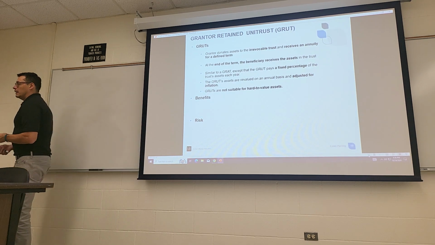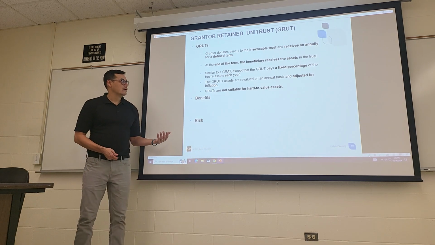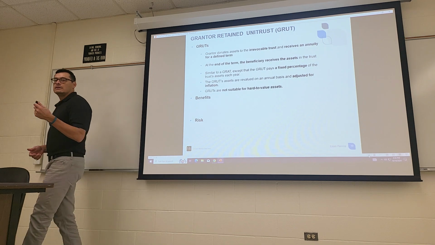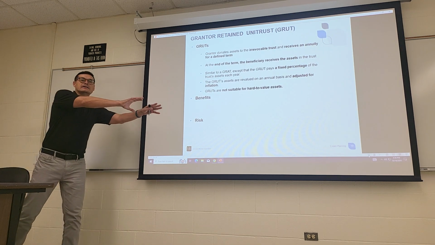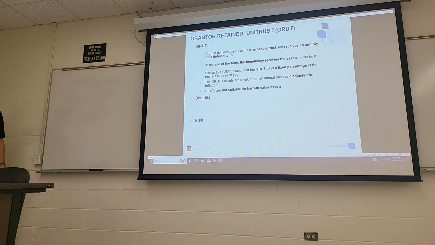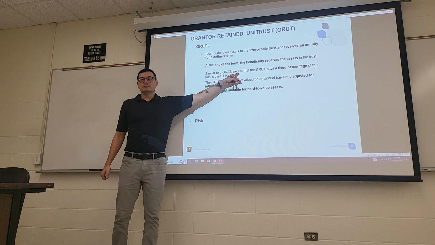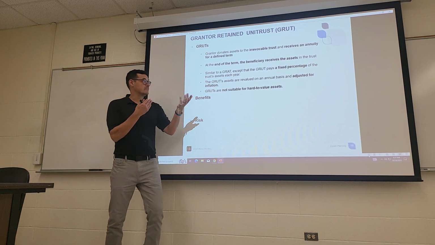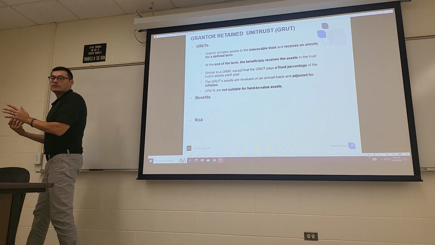And the payments are adjusted for inflation. So what that means is the person who's trying to get rid of the assets is getting more back. And if the assets in this GRUT, in this trust, actually appreciate more, there's a fixed percentage attached to that. So then there's more consideration coming back.